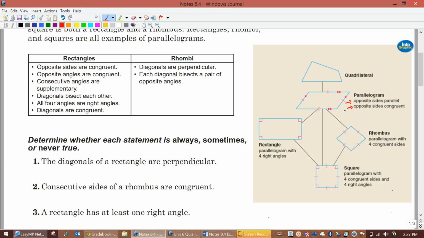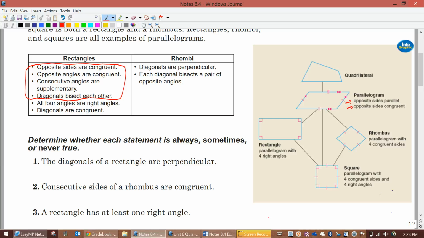If we look up here, there's certain components of rectangles. All these first 4 right here are actually the properties that come from parallelograms. So are those 4 true: opposite sides congruent, opposite angles congruent, consecutive angles supplementary, diagonals bisecting each other?